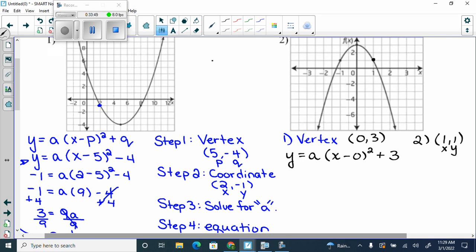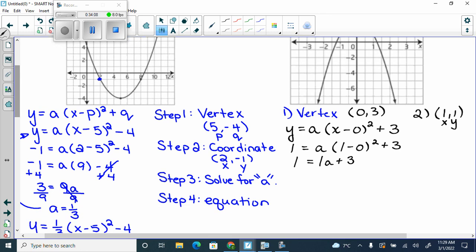So I'm going to get 1 equals a, bracket 1 minus 0 squared, plus 3. 1 equals, and then 1 squared is just 1, a plus 3. And I'm going to have to subtract my 3, because step 3 is solve for a.